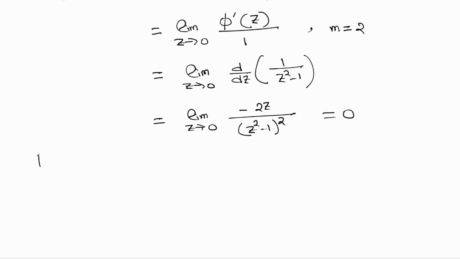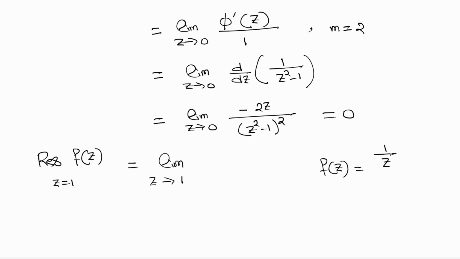Next, we will find the residue of f(z) at z = 1. By definition, it will be equal to the limit as z tends to 1. In this case, we will write f(z) as 1/(z^2 (z + 1)) divided by (z - 1).